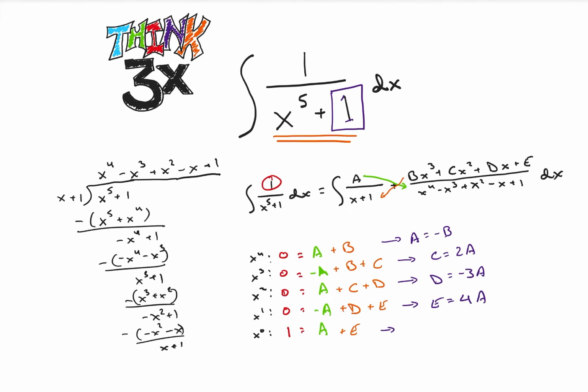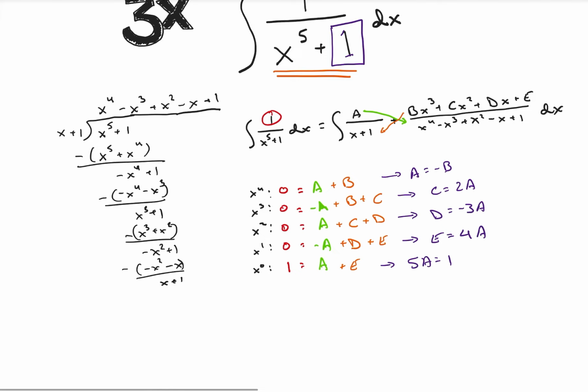And then from this last equation, we get 5a is equal to 1, which gives us a is equal to 1/5, b is equal to negative 1/5, c is equal to 2/5, d is equal to negative 3/5, and e is equal to 4/5.